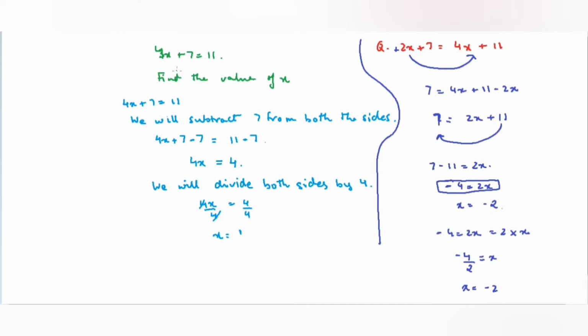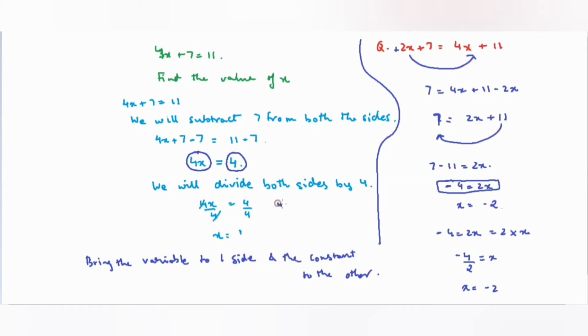So in linear equations in one variable, this is the method to solve questions. What you can do is bring the variable to one side and the constant to the other side. In this case, we had the variable on the left hand side and the constant on the right hand side, and then we divided both sides by 4.